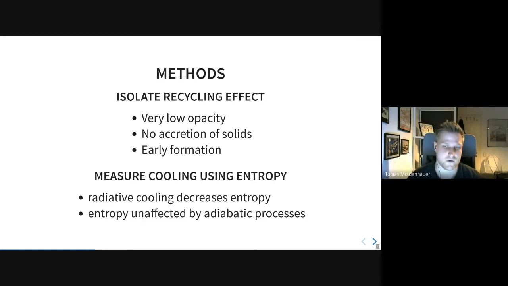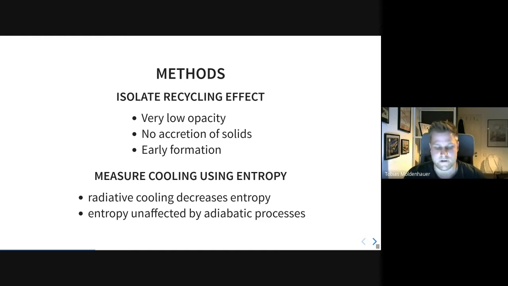And we don't include any accretion of solids. And we also assume an early formation, so there's still plenty of circumstellar gas around. So with these initial conditions, we make sure that recycling is the only possible effect that prevents the planet from becoming a gas giant.